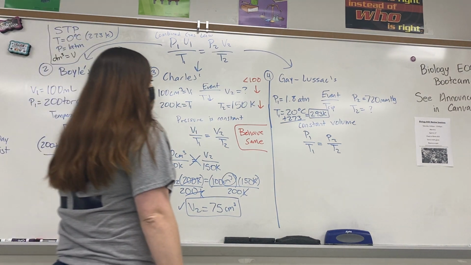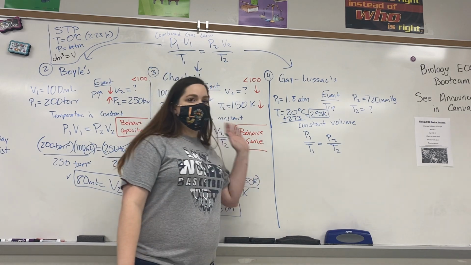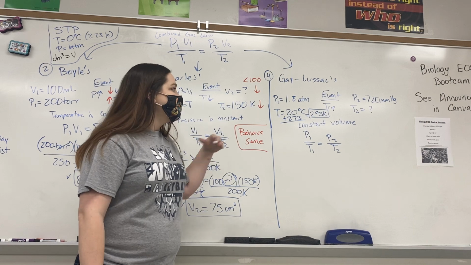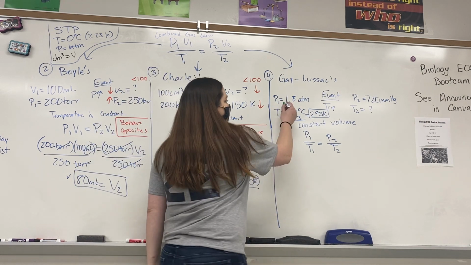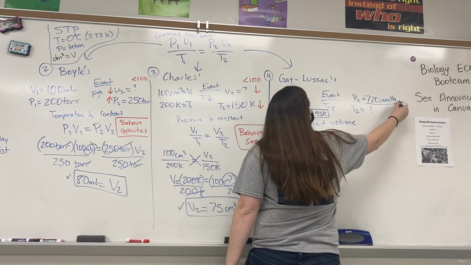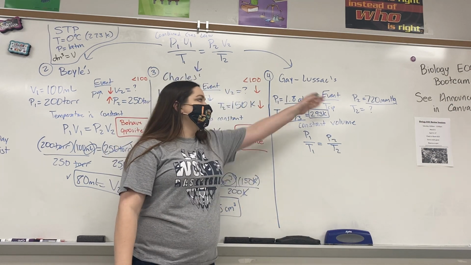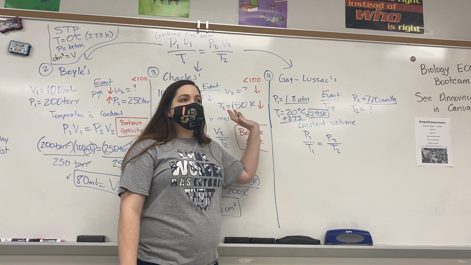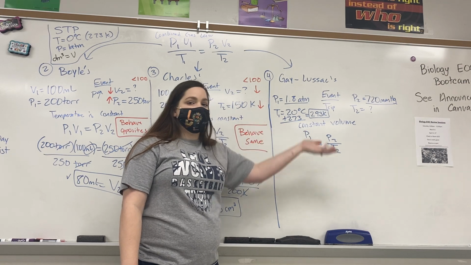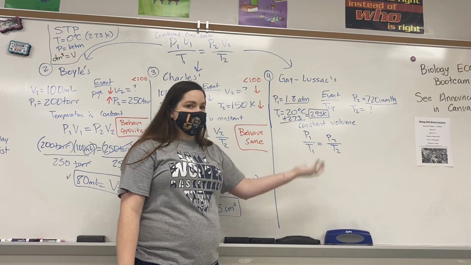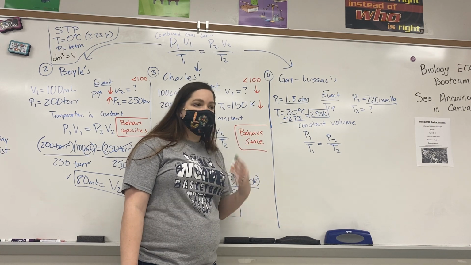I'm also going to make sure that everything else that I have is in the same units on both sides of the event. So if I have 1.8 atm here and 720 millimeters of mercury here, those are not the same. I have to make them the same, so I have to convert one to the other one. It doesn't matter which one you convert, because at the end it's going to work out fine, as long as they are the same.